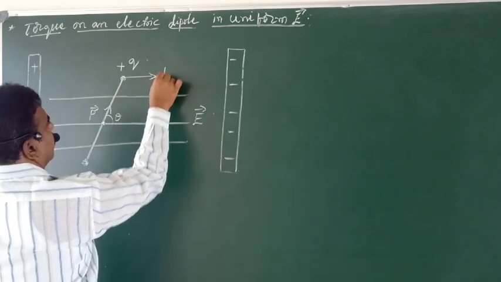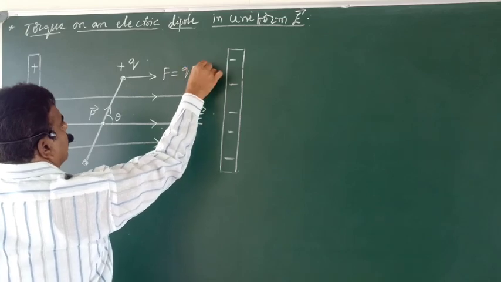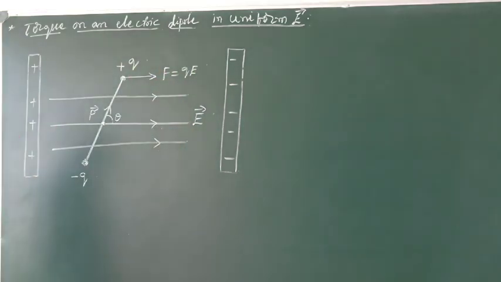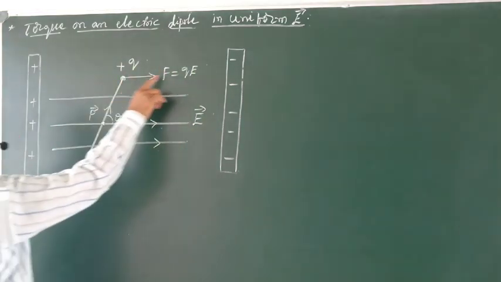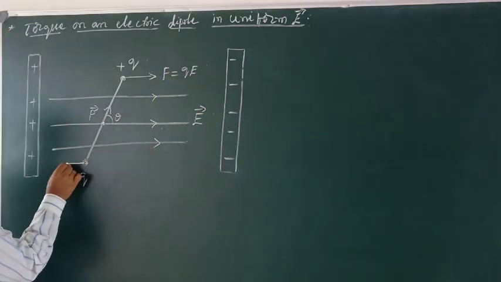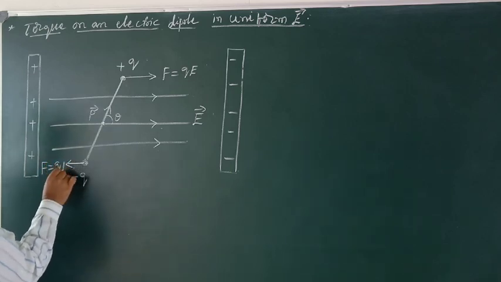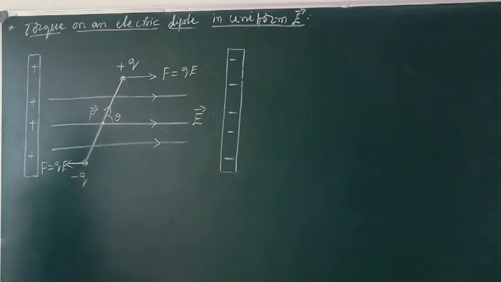A force of F equals qE acts on the positive charge in this direction along the electric field. Similarly, on negative charge, a force of qE acts in the opposite direction.